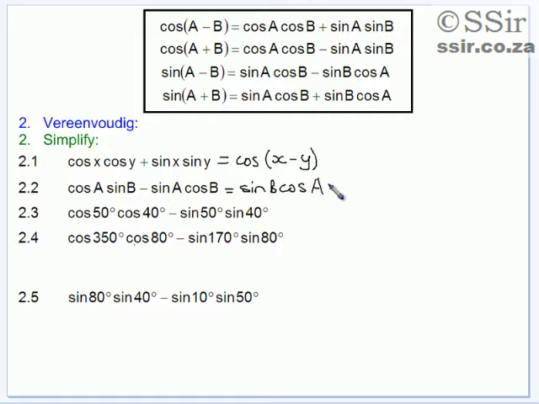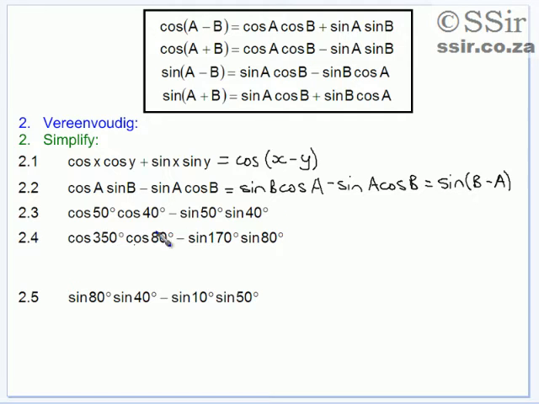So let's rewrite it as sin b times cos a minus the rest, sin a cos b. This part now looks exactly like formula number 3. So this reduces to sine of the difference between b and a, sine of b minus a.